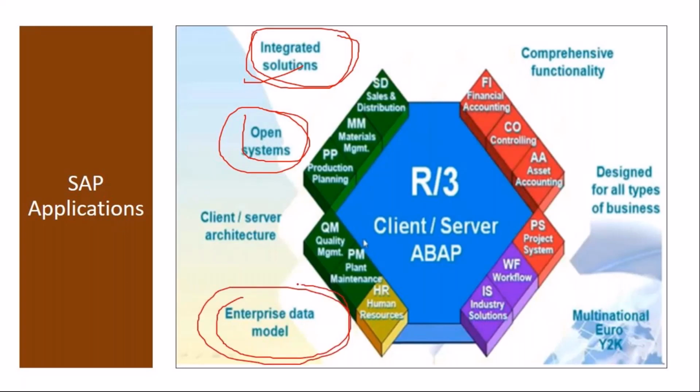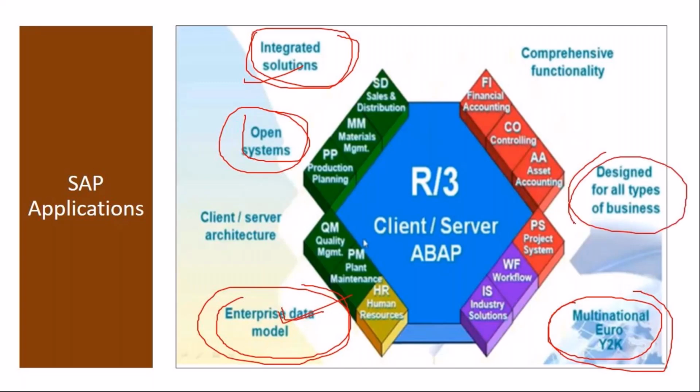All your enterprise units can be mapped into the system, and you can manage the information according to your enterprise units. It supports multinational and multi-currency, and it is designed for all types of businesses. It is suitable for large scale, mid scale, and small scale industries.